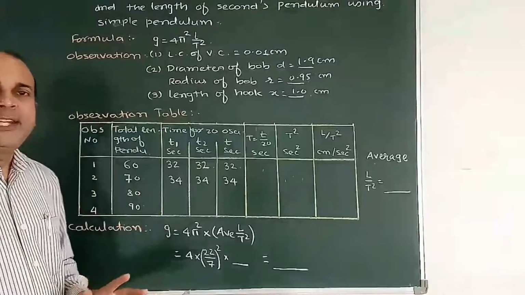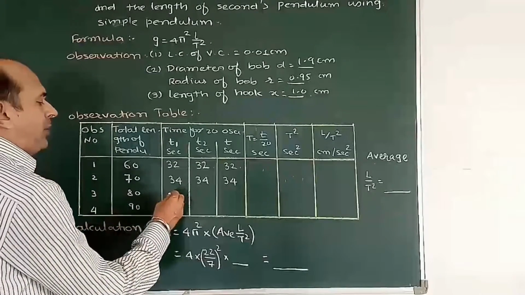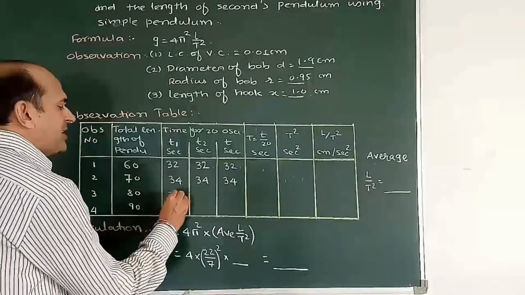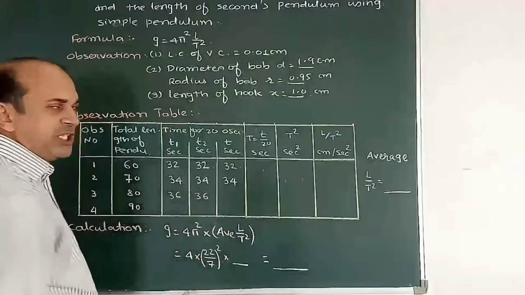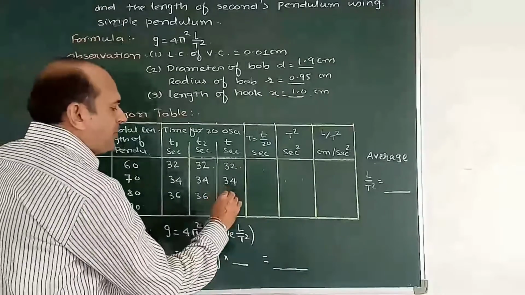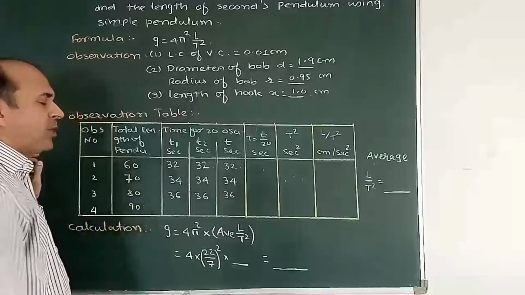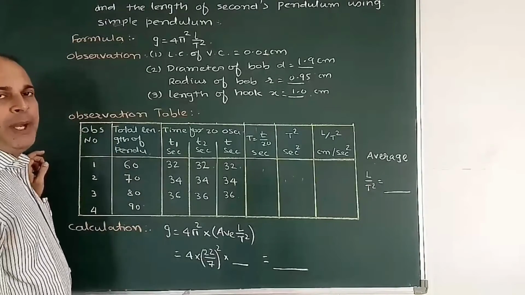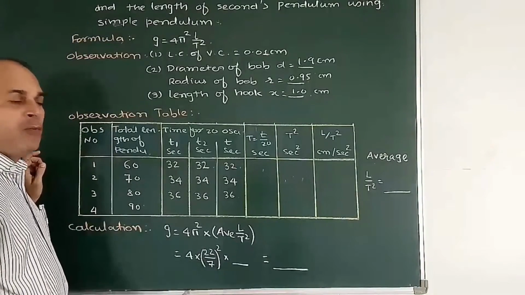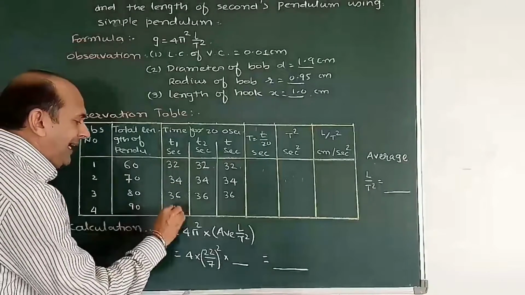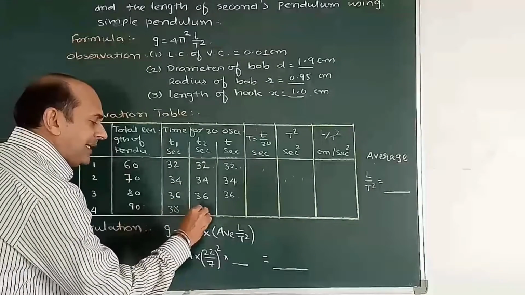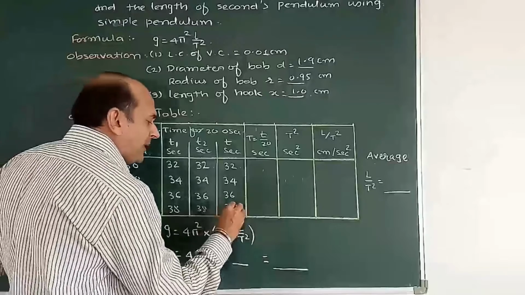For the 80 centimeter length, the time taken was 36 seconds, the second time was also 36 seconds, and the average is also 36 seconds. For the 90 centimeter length of the pendulum, the time taken was 38 seconds, 38 seconds, and the average also 38 seconds.